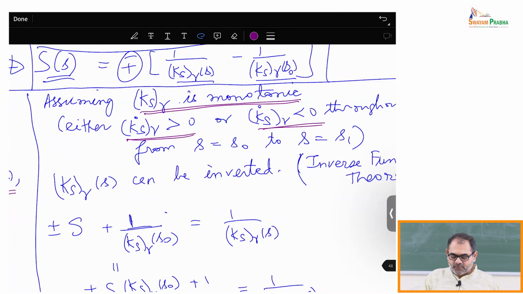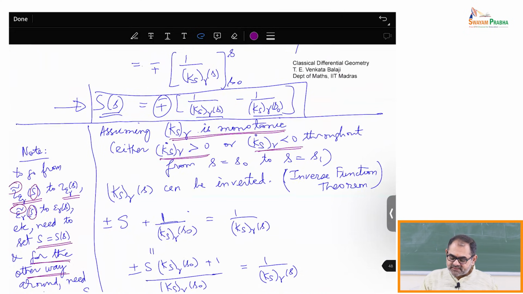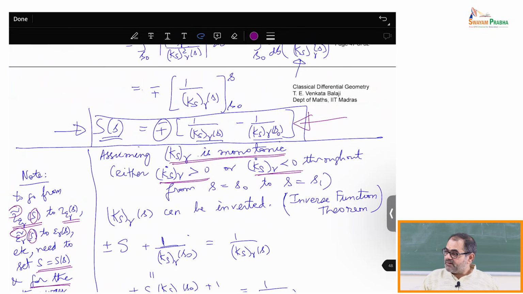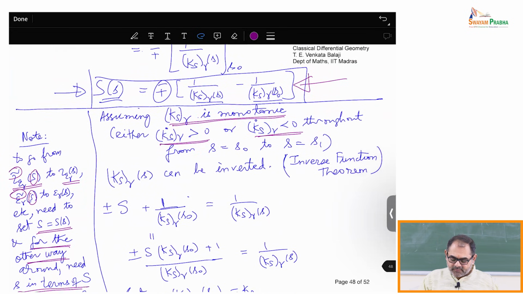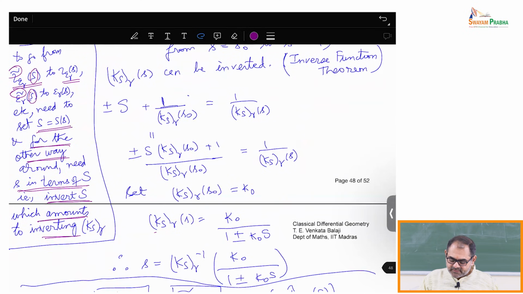Therefore, we have this formula for S that we have derived. From that you can compute: this is a constant, the S term is here, so if you write it out and bring things to one side, you get this expression. The sign curvature at small s is k0, which is the sign curvature at s0, divided by 1 plus or minus k0 times s.